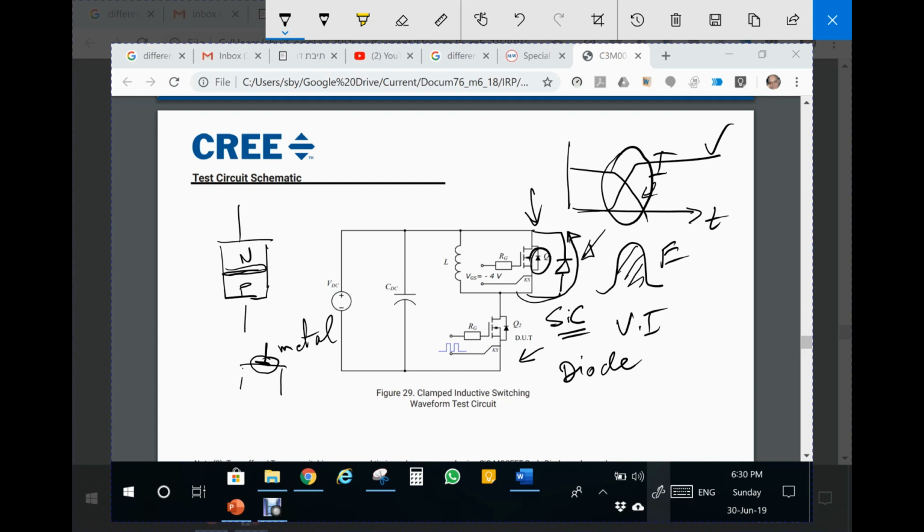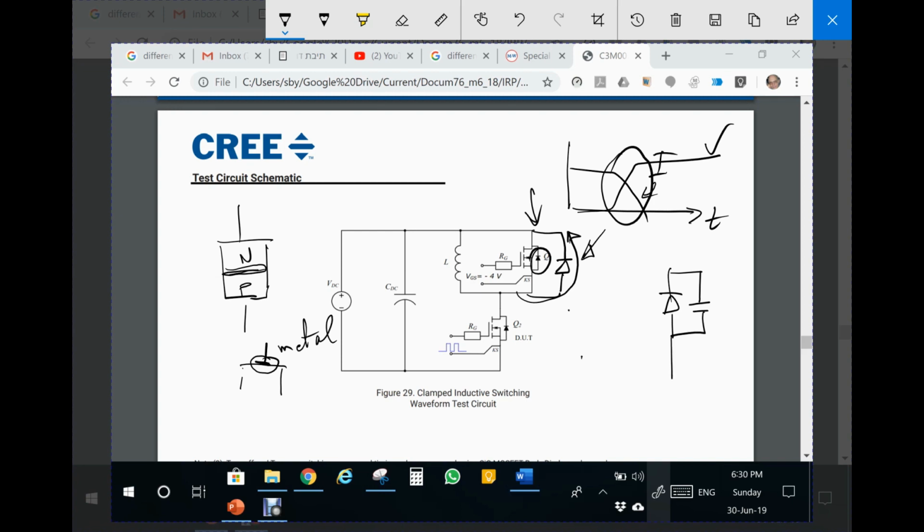Now, although there is no storage in the junction, the silicon carbide diode has some capacitance when it's conducting, and therefore as you move the current backward, you charge this capacitor, so you do have a reverse current.